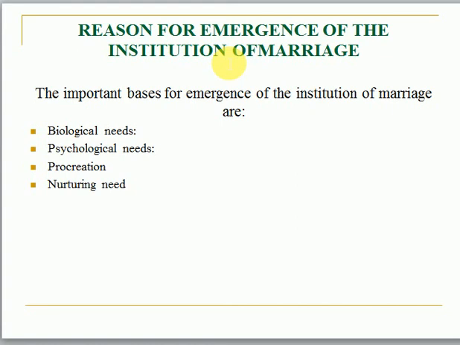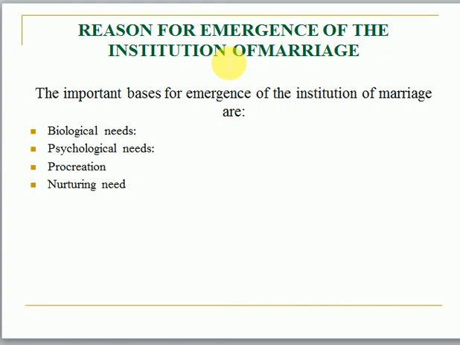The last reason for the emergence of the institution of marriage is nurturing needs. Along with the bearing of children, marriage also involves the bringing up and socialization of children. Besides bearing children, the second most important function of a family, of a marriage, is nurturing.